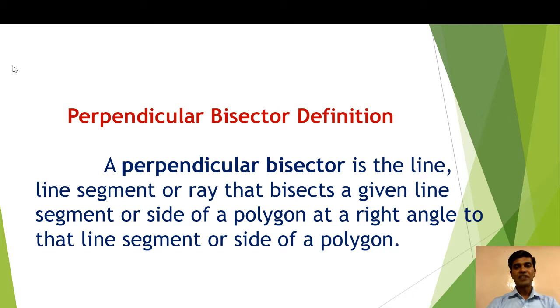Perpendicular bisector definition: a perpendicular bisector is the line, line segment or ray that bisects a given line segment or side of a polygon at a right angle to that line segment or side of a polygon.